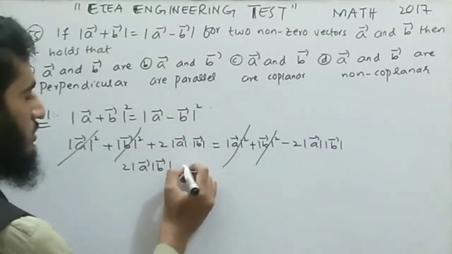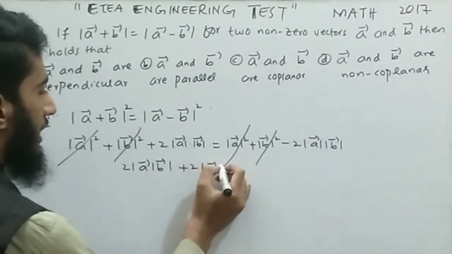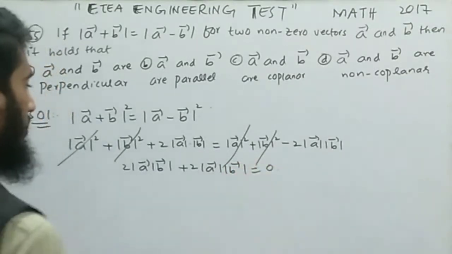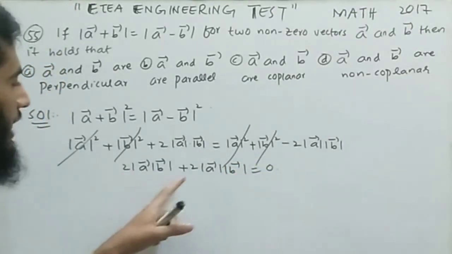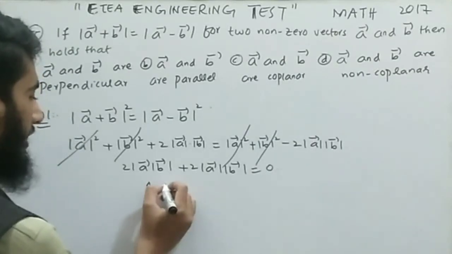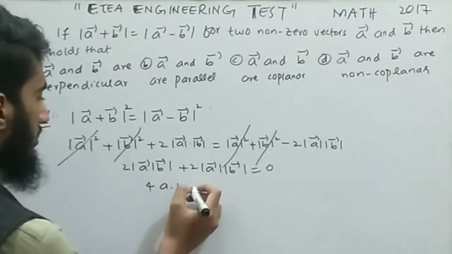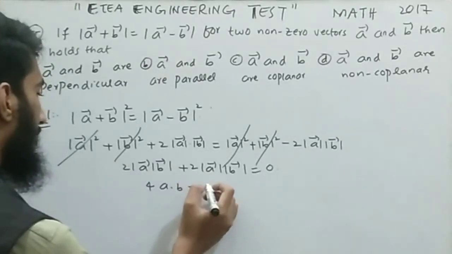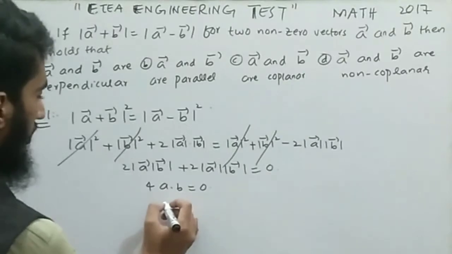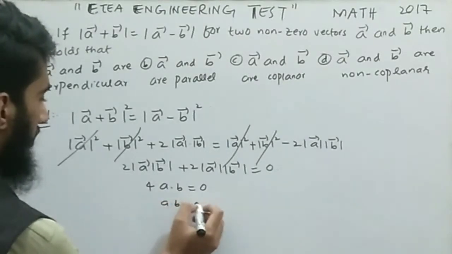So it becomes plus 2 times magnitude of A and magnitude of B, and on this side we are left with 0. Now 2 times AB plus 2 times AB gives us 4 times AB, which can be written as A dot B equal to 0. Now divide both sides by 4. So on this side we are left with A dot B is equal to 0.